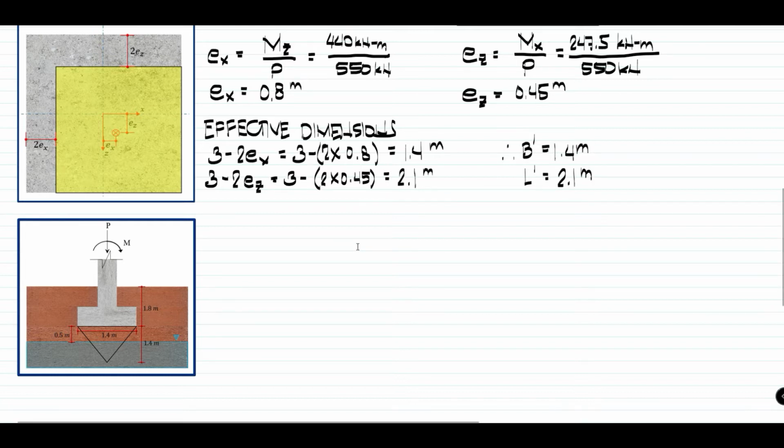So, yan ngayon yung condition nung ating effective dimensions. So, next natin is to determine the unit weight for the third term of the bearing capacity equation.